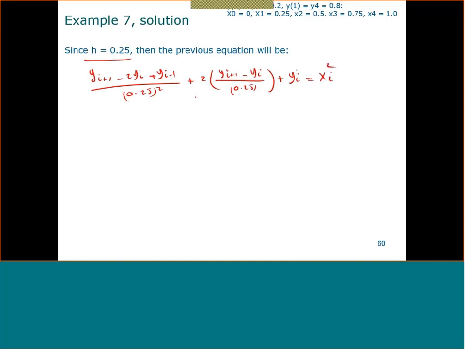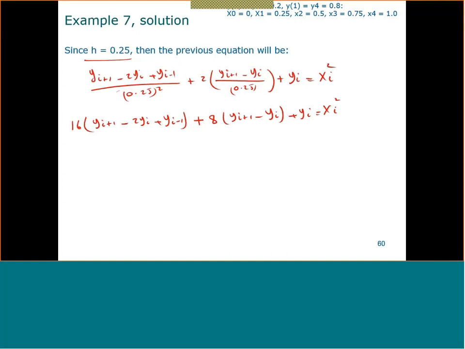So far, so good. So this will be 16 times (y_{i+1} minus 2y_i plus y_{i-1}) plus 8 times (y_{i+1} minus y_i) plus y_i equal to x_i squared.